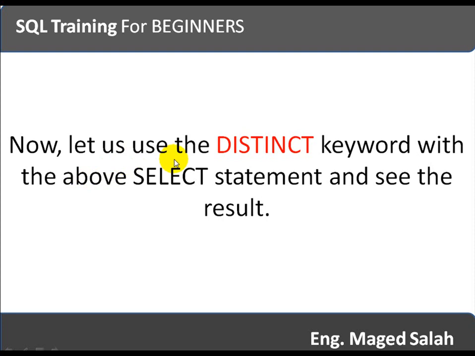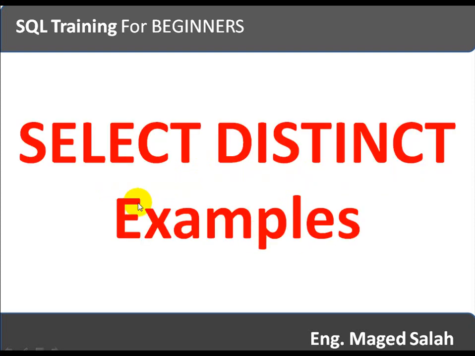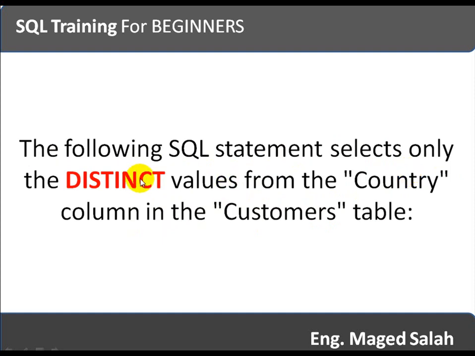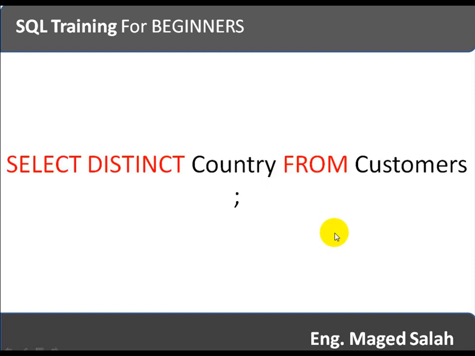Now let us use the DISTINCT keyword with the above SELECT statement and see the result. SELECT DISTINCT example. The following SQL statement selects only the distinct values from the Country column in the Customers table.